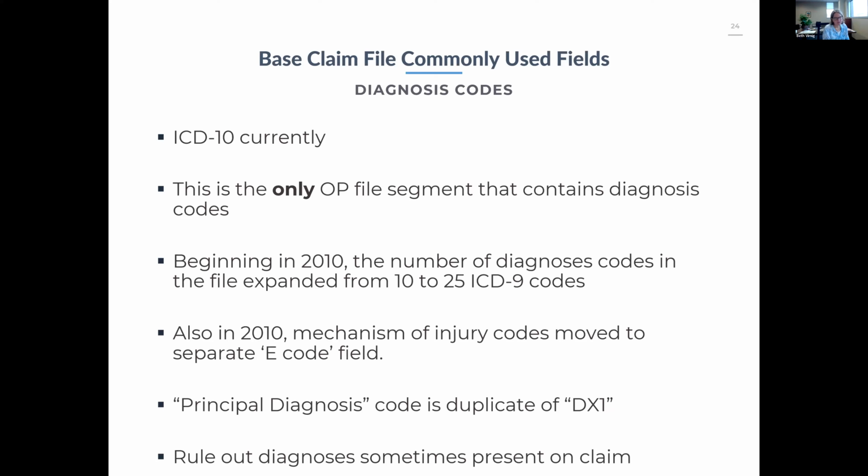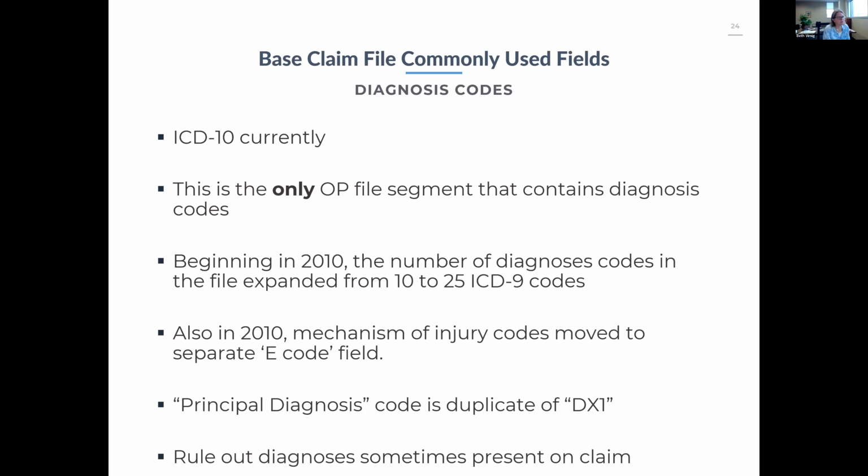Beginning in 2010, with everything else, we talked about the number of diagnosis codes in the file expanded from 10 to 25. And the mechanism of injury code, which we talked about yesterday, is moved to a separate, quote, E-code field. So just remember, if you're going way back, which is becoming less and less of an issue, those were key dates for change.